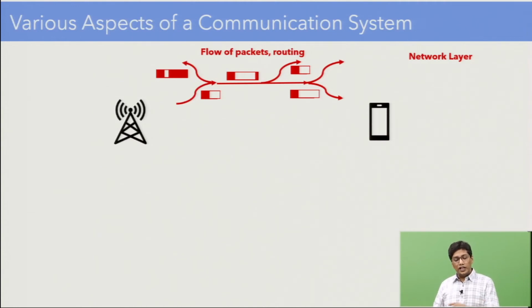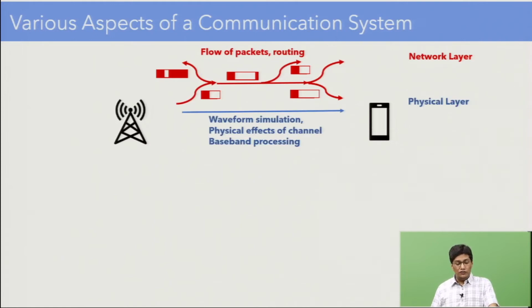So, if you want to send a packet, you need to find a sequence of hops which actually goes to the receiver and then you route the packet. But then again many packets are moving, so you have to schedule these packets also. So, here we talk about how these packets are flowing, how we do routing, how you give priority to different packets, how the switching is occurring. That we call the network layer.